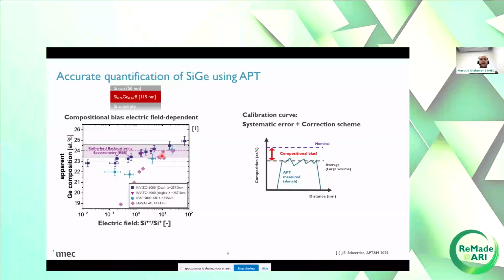Or this can serve as a calibration curve, basically to correct and improve the accuracy of those data points that we measured at lower electric field, and then calibrate them back to the actual composition.